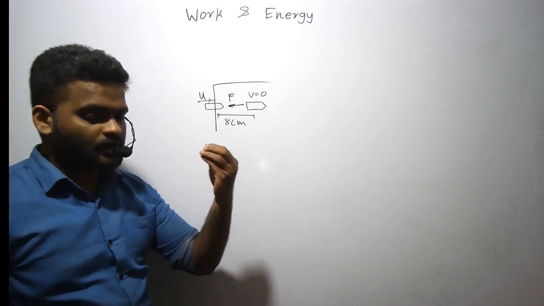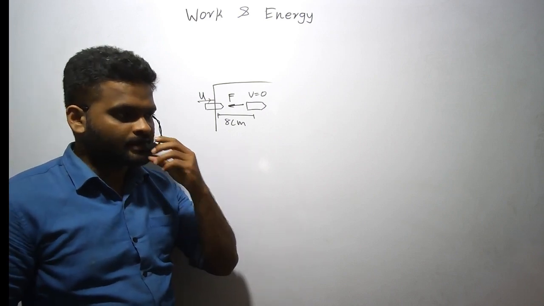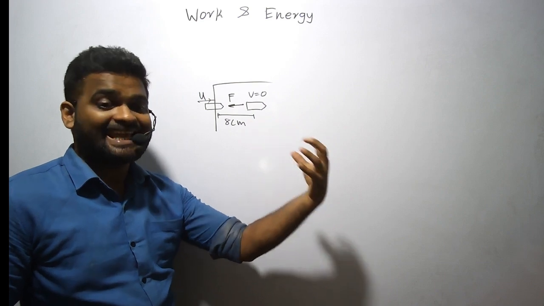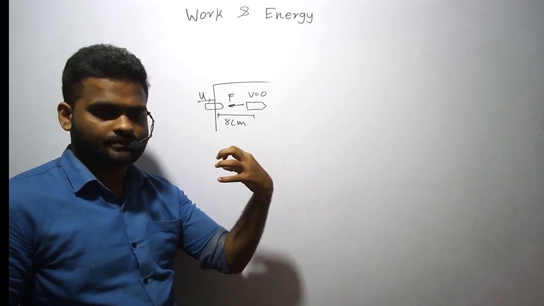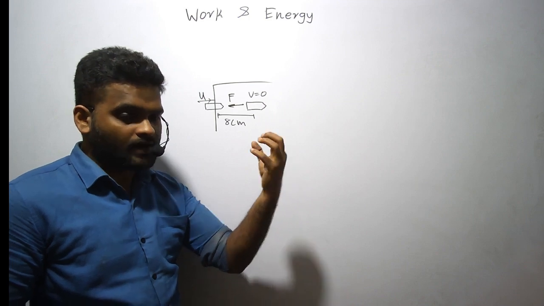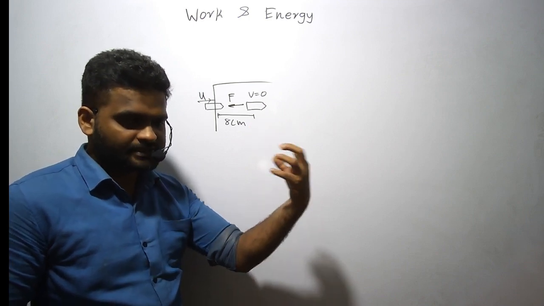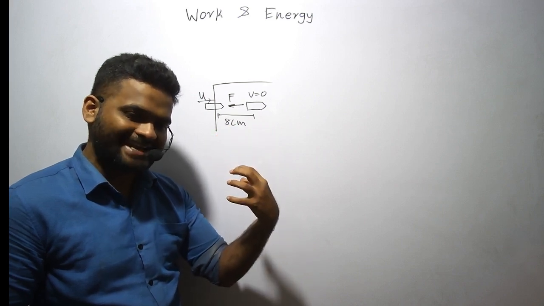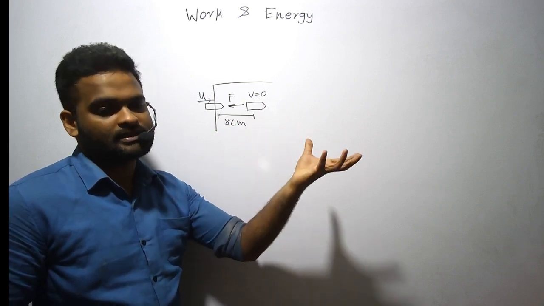So what does this resistive force do? Resistive force does work on the bullet against the motion of the bullet. So that's what resistive force means, right? Once the work done by the resistive force matches the kinetic energy the bullet had, then the bullet stops.